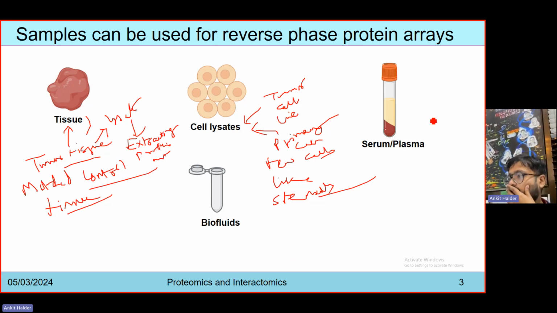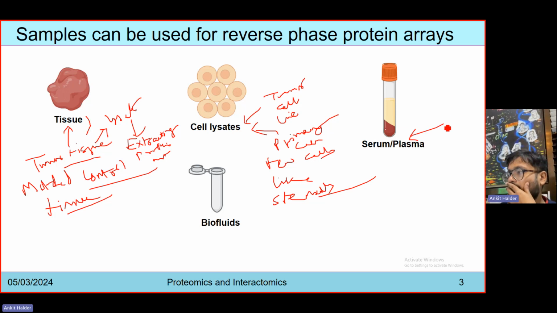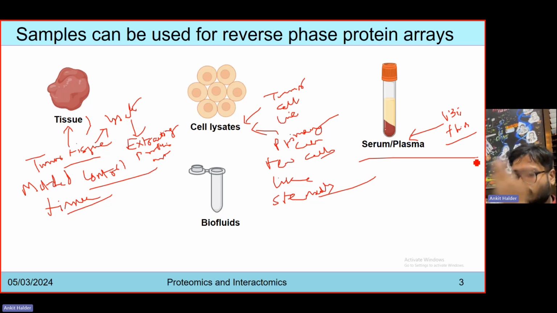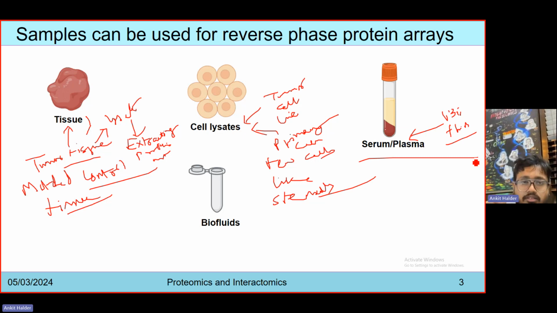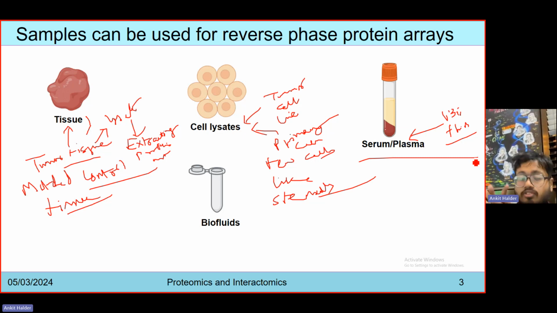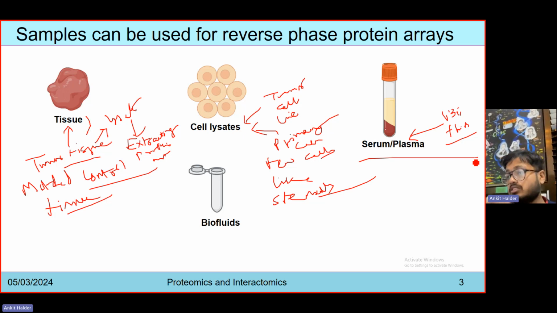Then there are biofluids like serum and plasma. You have an excellent opportunity to work with serum and plasma, which is not so invasive and quite easy to take out, and they are indicators of various markers for various diseases.